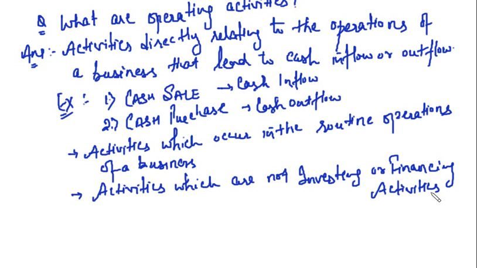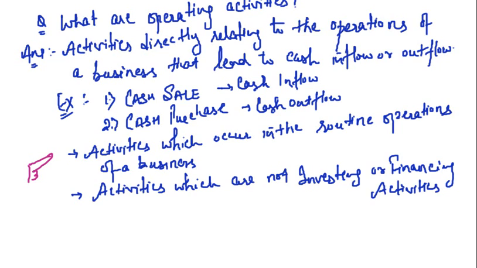This doesn't hold real relevance. You should be clear about what is an operating activity, right? I'm just telling you in exams, if you are confused, if you are confident that this activity is neither an investing activity nor a financing activity, then that means that is an operating activity, right? But it's better you should be clear about which activity is an operating activity and which activity is not an operating activity, right? Remember this second point. Remember this point, okay?